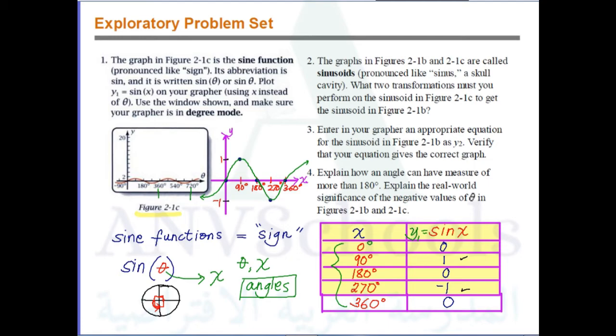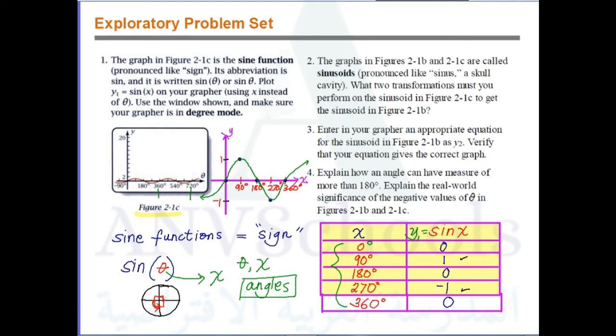Okay, so we have done the graph of our sine function, and we used manual graphing for this, but you can also use the grapher to confirm the x values and y values for your sine function.